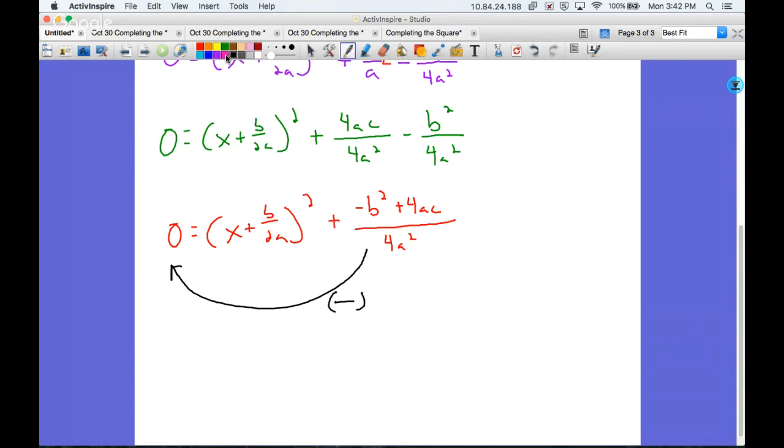So after I do that step, now I've got negative b squared plus 4ac all over 4a squared equals this binomial squared here.